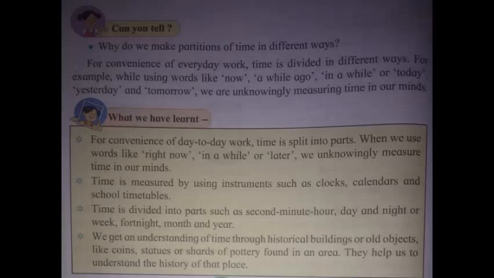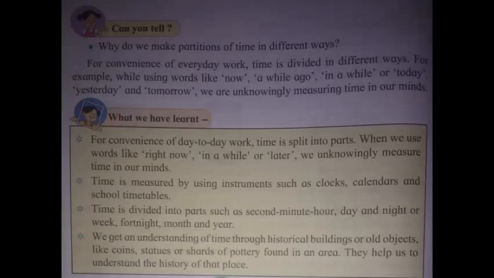What we have learned. For convenience of day-to-day work, time is split into parts. When we use words like right now, in a while, or later, we unknowingly measure time in our minds. Time is measured by using instruments such as clocks, calendars, and school timetables.